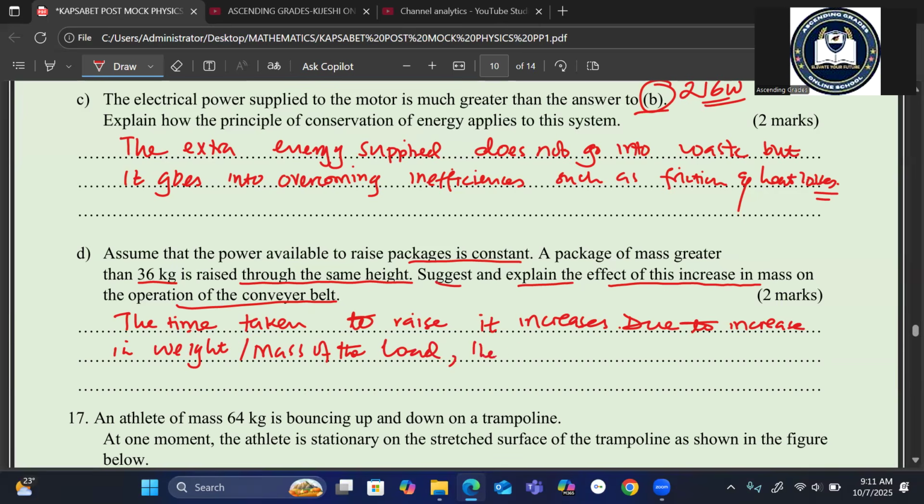The velocity or the speed of the belts lowers. So if it is going to move at a lower velocity or speed, then it is going to increase the time taken.